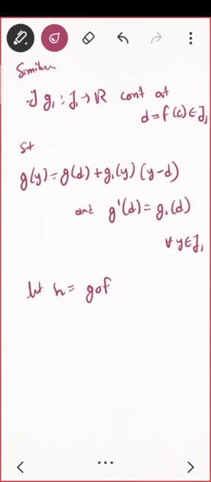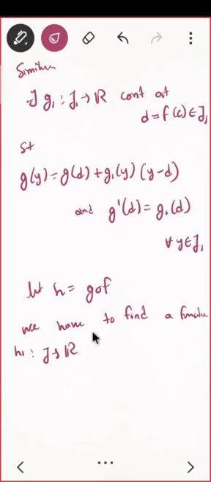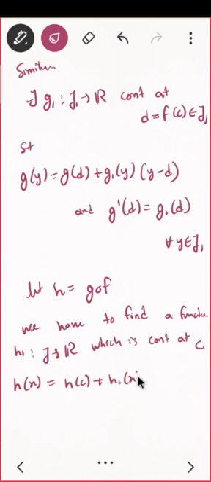So what do I have to do actually? Since I need to prove this h is differentiable, we need to find a new function h1, going from I to R, which is continuous at c. And also I need to prove that h of x should be equal to h of c plus h1 of x into x minus c.